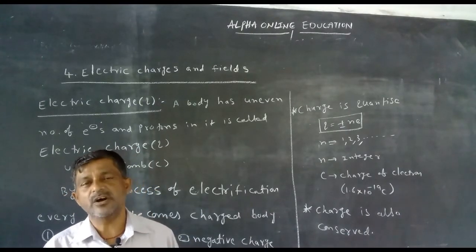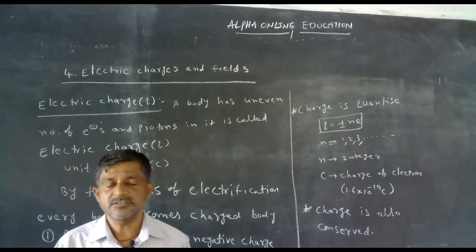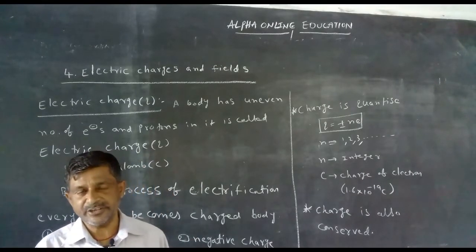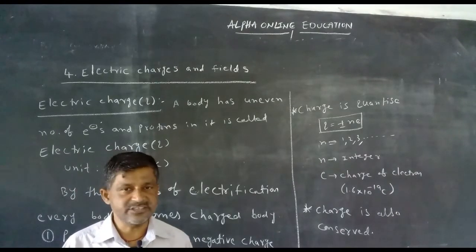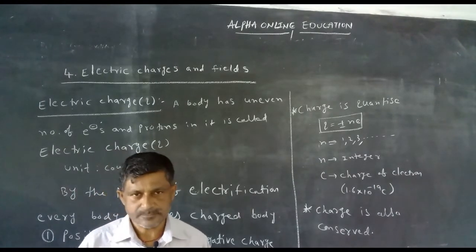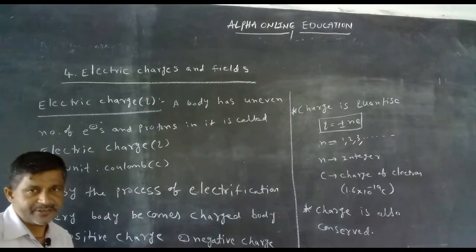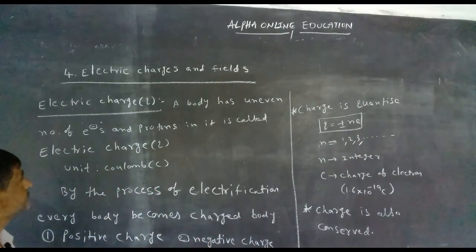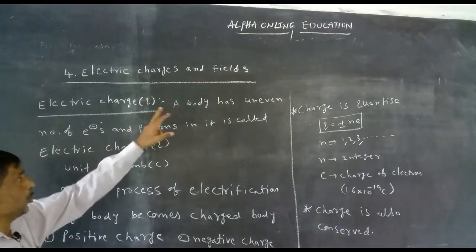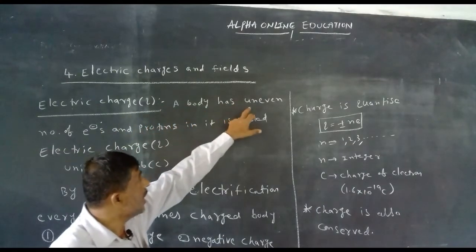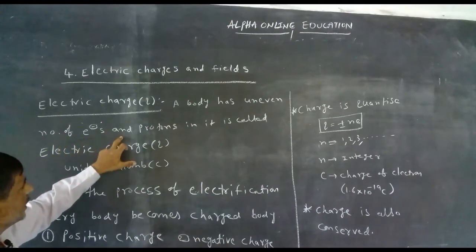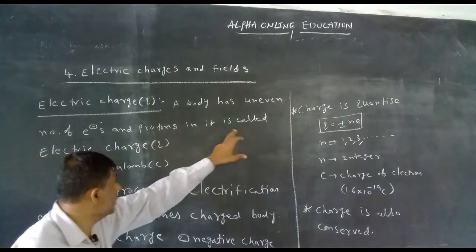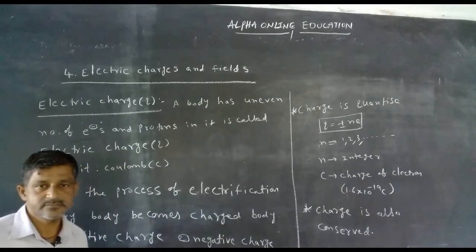Now we want to convert that uncharged object into a charged object. How that is done, we want to discuss in this class. Any object or any body that has an uneven number of electrons and protons in it is called an electric charge.